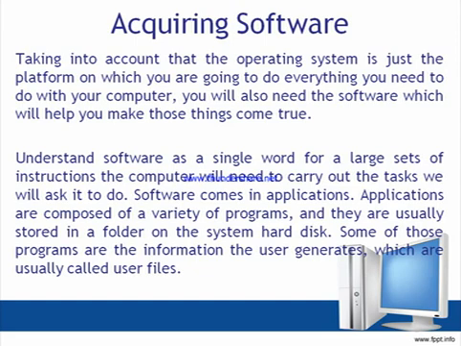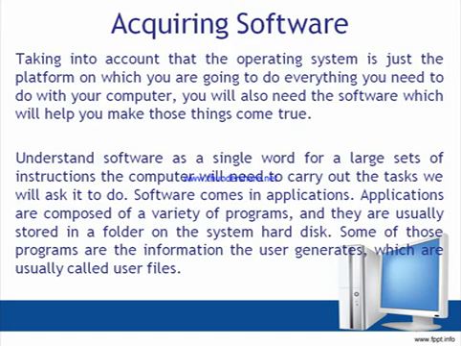Acquiring software. Taking into account that the operating system is just the platform on which you are going to do everything you need to do with your computer, you will also need the software which will help you make those things come true. Understand software as a single word for large sets of instructions the computer will need to carry out the tasks we will ask it to do.